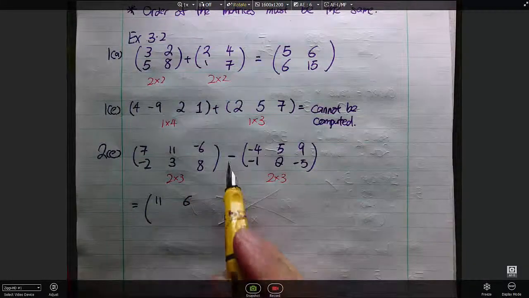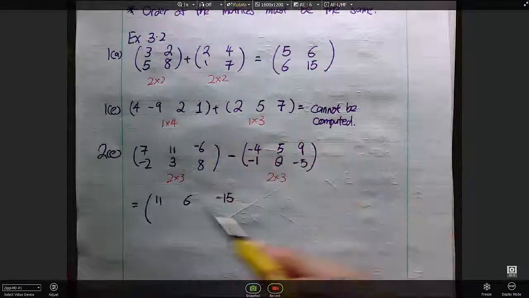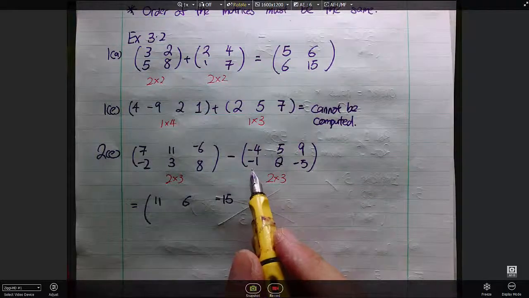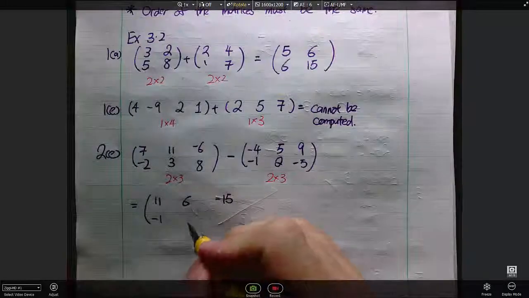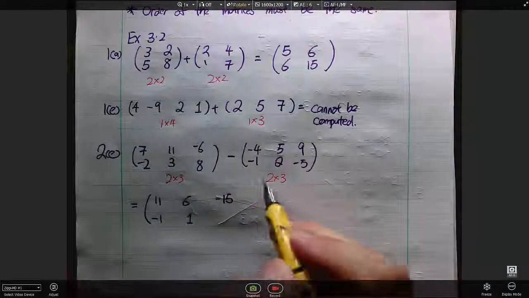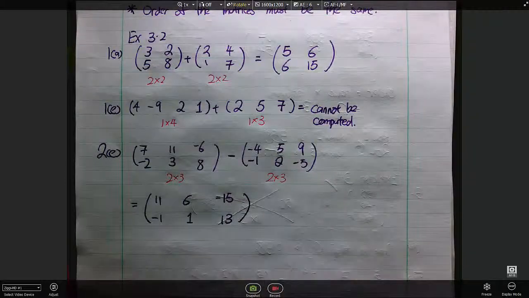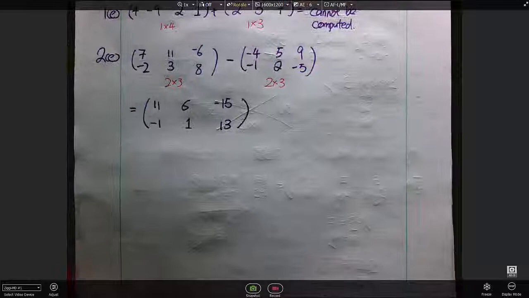Negative 6 minus 9 will give me negative 15. Negative 2 minus negative 1 becomes negative 2 plus 1, so it is negative 1. 3 minus 2 gives me 1. 8 minus negative 5 gives me 13. And that is quite simple already on how we can add and subtract matrices.